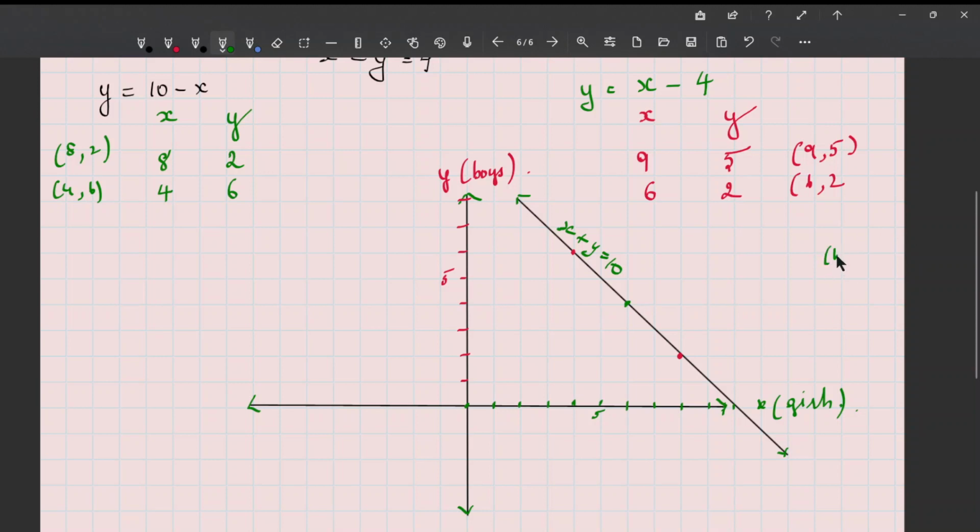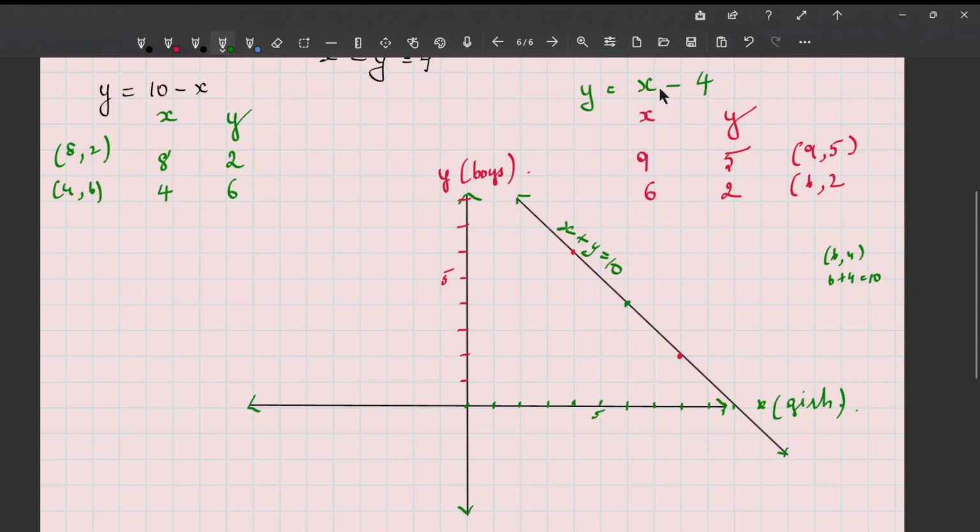So (6, 4). Also 6 plus 4 is equal to 10. So you add both the values of the x and y coordinates, you get 10. Any point you consider on this line gives you x plus y is equal to 10, which says that the number of girls plus the number of boys is equal to 10. So every point on this line is a solution for x plus y is equal to 10.